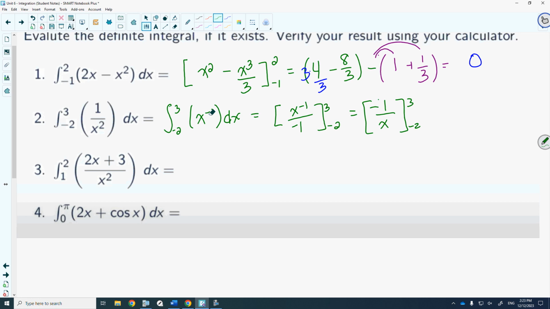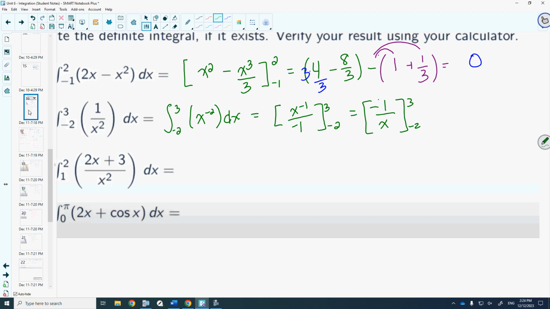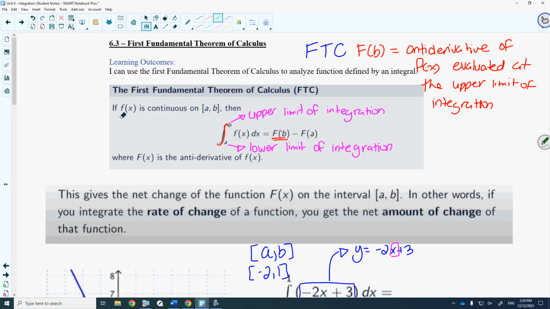There is a condition on the fundamental theorem of calculus. When we looked at it, it says if f of x is continuous on the given interval that they gave us. So f of x has to be continuous. We were dealing with linear functions. They were all continuous.